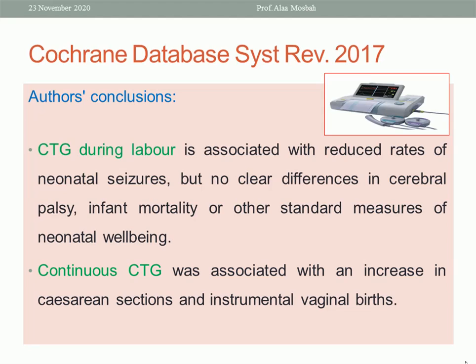Second, continuous CTG was associated with an increased cesarean section rate and instrumental vaginal birth rate. It is said that the rate of cesarean section increased by 63% due to CTG use, and instrumental vaginal birth increased up to 15% due to CTG use in some researches, okay.